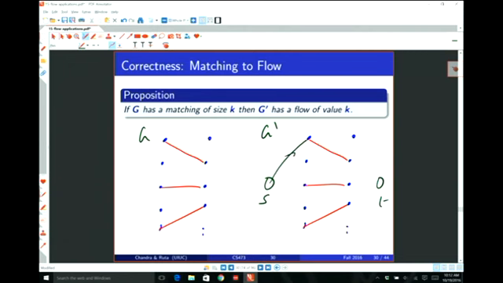Agreed? So we put 1, 1, 1, 1, 1 on the edges. We are going to construct a flow of value K in this G prime by putting 1 on all those matching edges. Remember, the edges are also directed now.